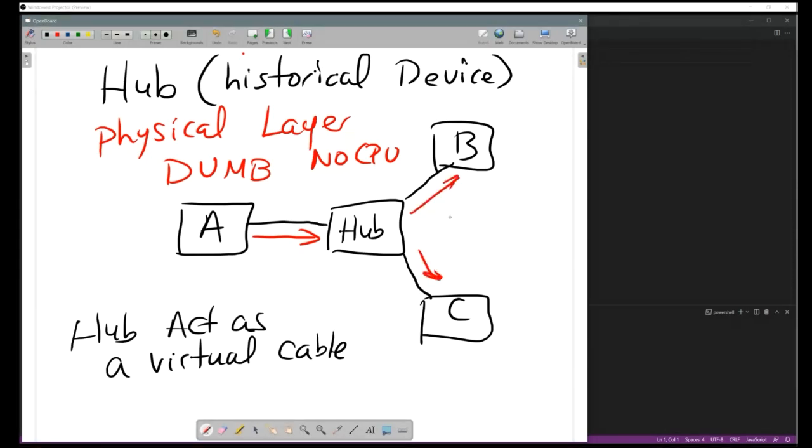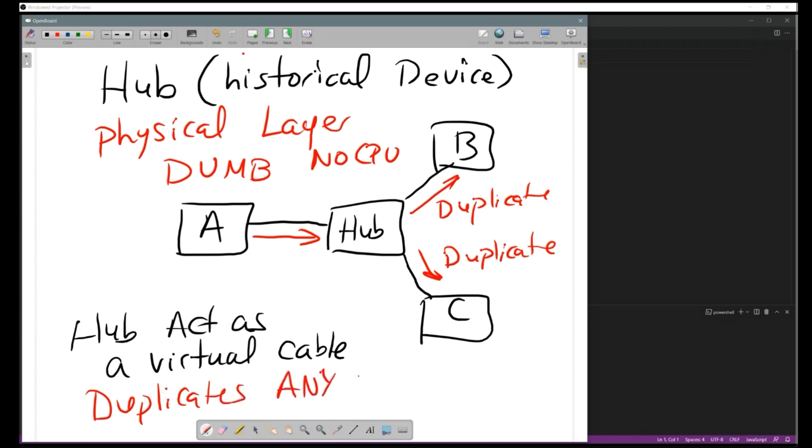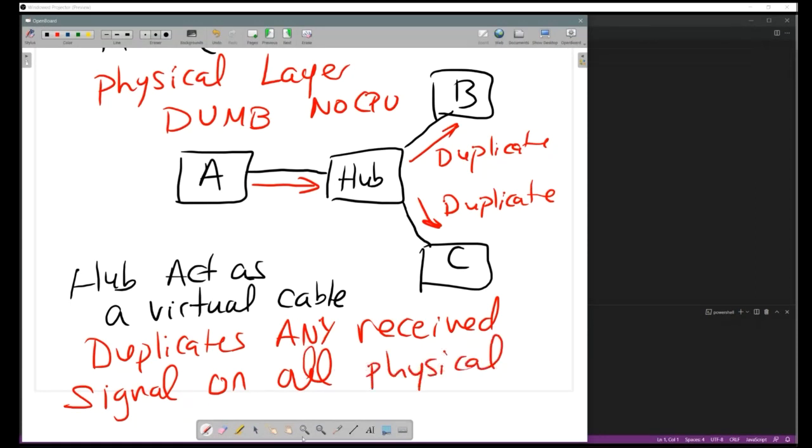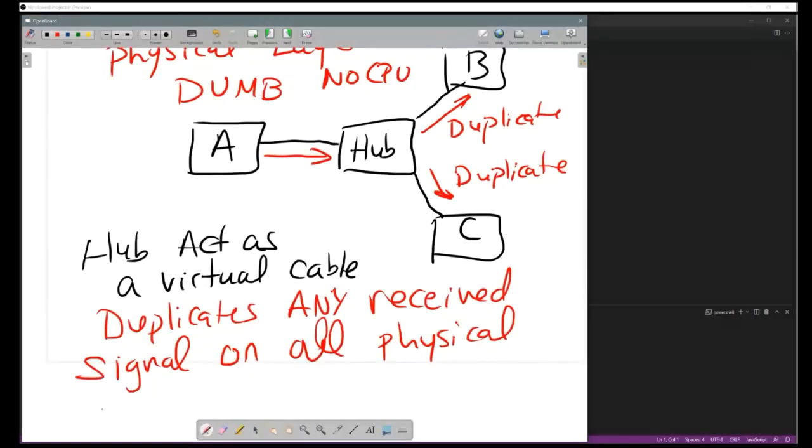So it duplicates any received signal on all physical ports except for the one it arrived on.